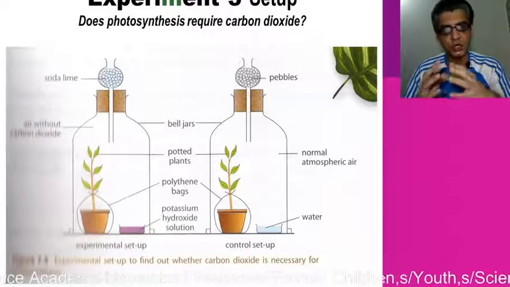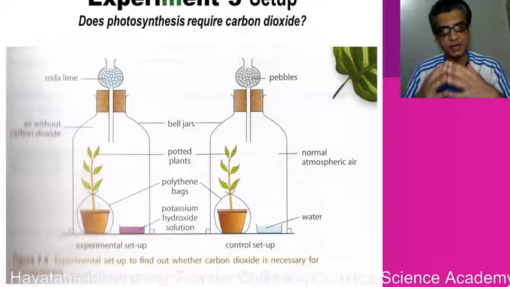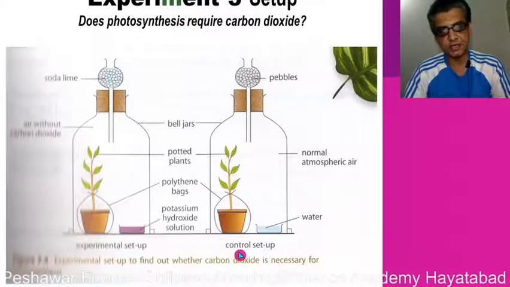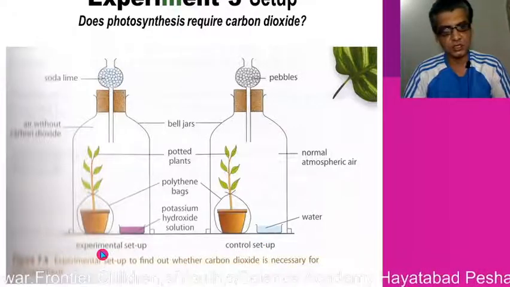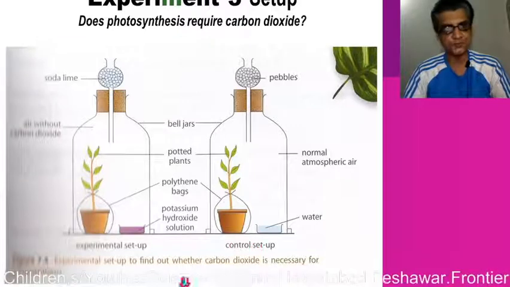So two groups are formed for experimentation. One is called the experimental setup and another is called the control setup. This is also called the experimental group and another is called the control group.